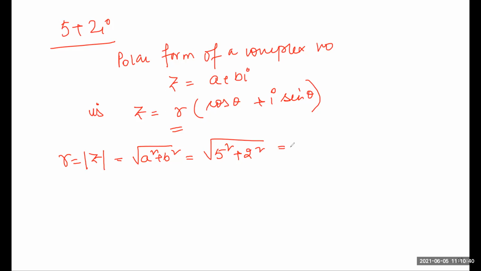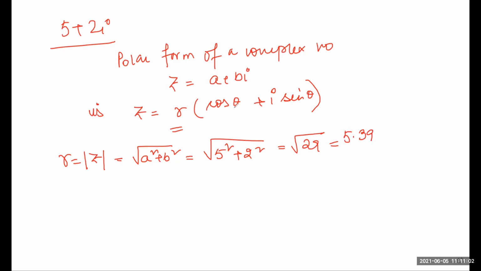If I do the calculation, I will get root over 29. So what is the root over 29? Do the calculation, tell me the value. 5.38, yes, 5.39, something like that it will come.